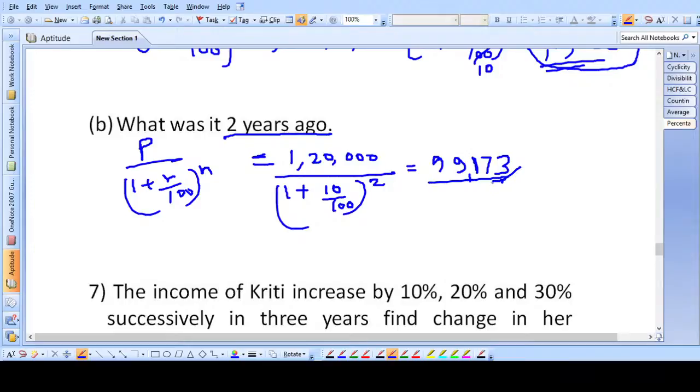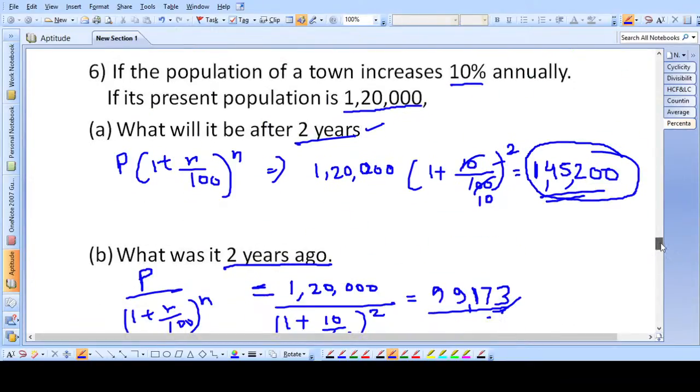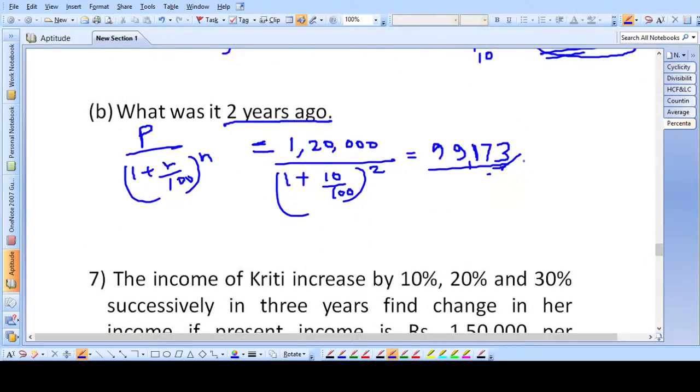Okay, you can take this also, it's correct. So 2 years ago, it should definitely be less than 1,20,000. Definitely 99,000 is less. So your answer is correct.